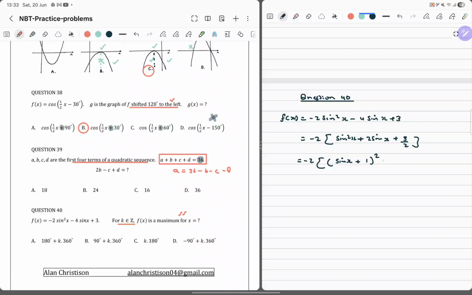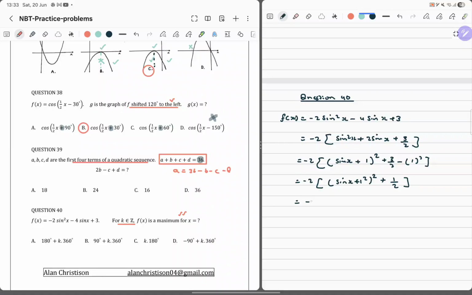And we square it, then plus 3 over 2 minus 1 squared. Alright, so we've got sine x plus 1 all squared plus this one there is going to be 2, so this gives us a half.